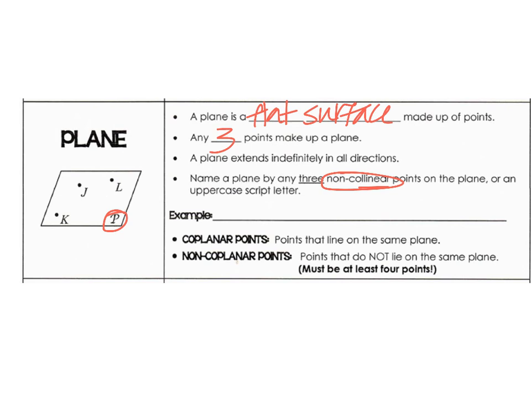So we could call this plane P. Or we would need to name it by 3 non-collinear points, J, K, and L. So, or we can call this plane J, K, L. 2 different ways of writing it, 2 different ways of naming it, all right?